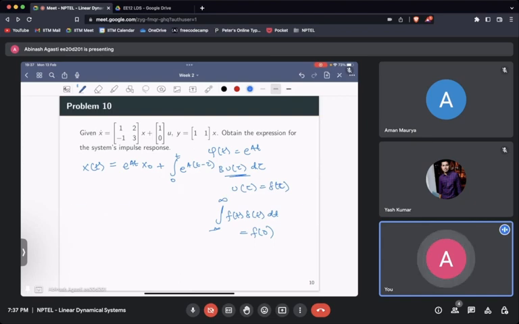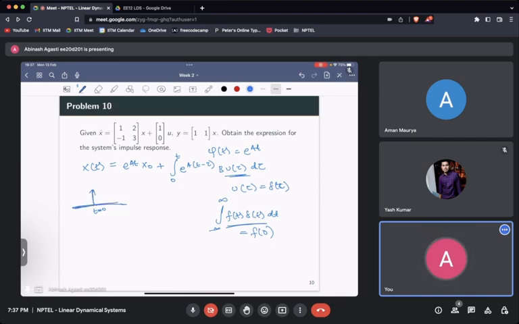This happens because delta of t has value only at t equal to 0. This is the functional definition of an impulse. It has value only at t equal to 0, and everywhere else it is 0.